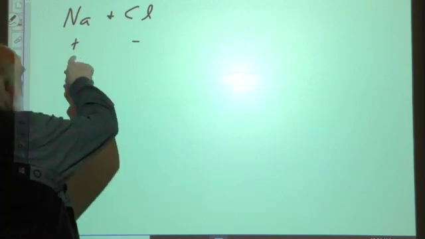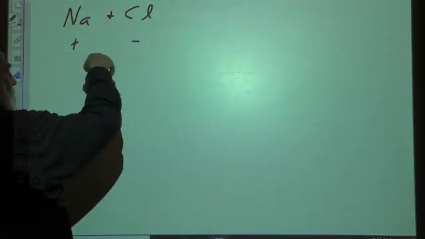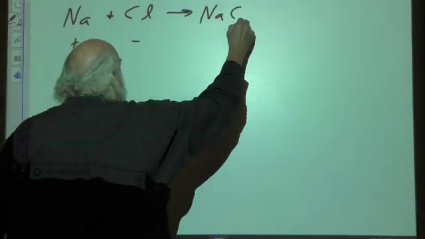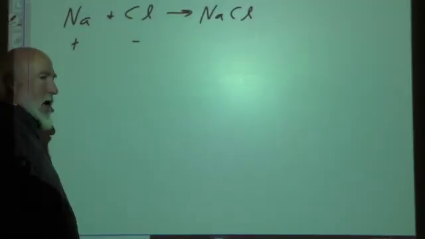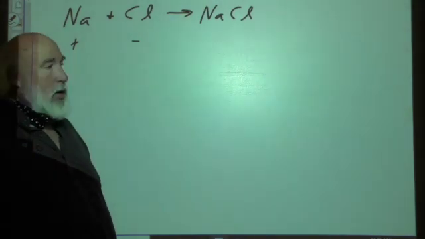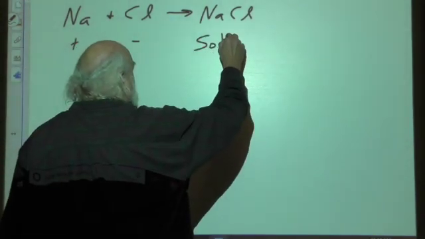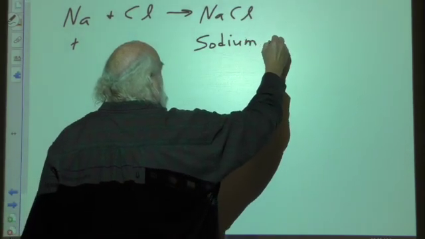Since we have a positive 1 and we react with a negative 1, that adds up to 0. And that means that the formula is going to have 1 atom of each.